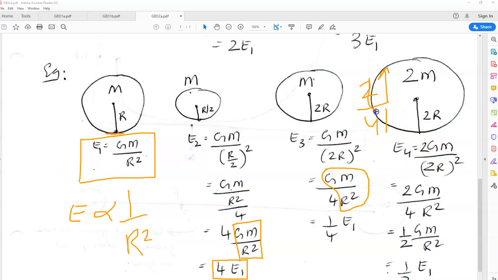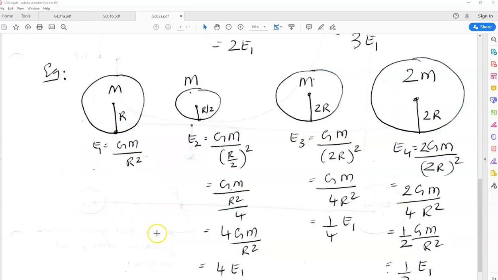The easiest way is to put these values into the formula. The gravitational field is GM by r square. GM here is 2M by (2r) square, or 2GM by 4r square, and you can cancel by 2, which becomes half GM by r square. GM by r square is nothing but the gravitational field when the mass is M and radius r.